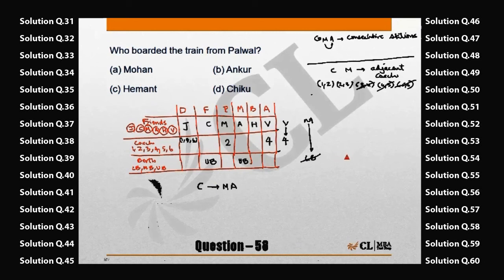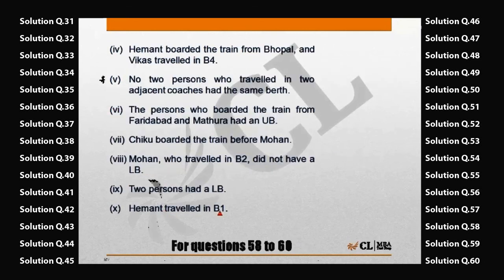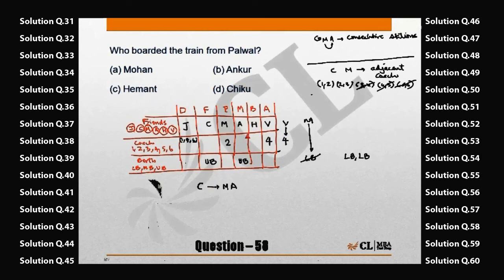Hemant travelled in B1. So 1 goes. Therefore, C and M have to be 2 and 3. M is 2, C has to be 3. So the only possibility now for D is 6, and therefore 5 is left here.